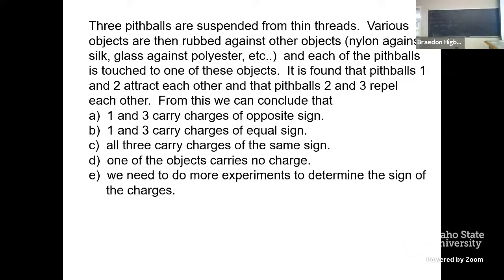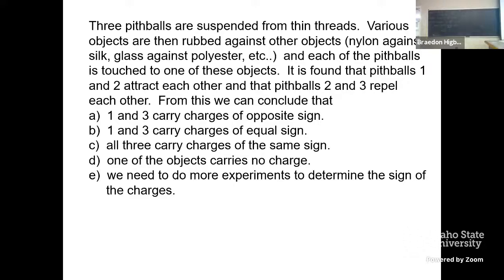Okay, well, I didn't choose E, but I could make a defense for it because we know that 2 and 3 repel, so they have opposite charges. So that means 2 is charged in some way. So 1 could either be neutral or it could be the opposite charge of 2. Therefore, we don't know if it's necessarily opposite of 3.